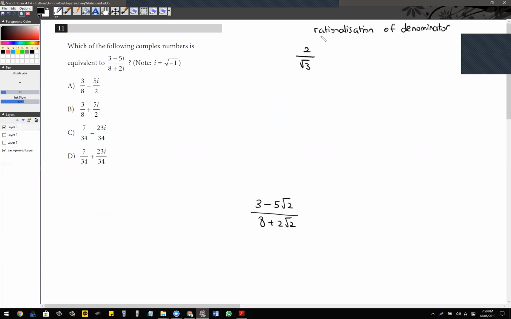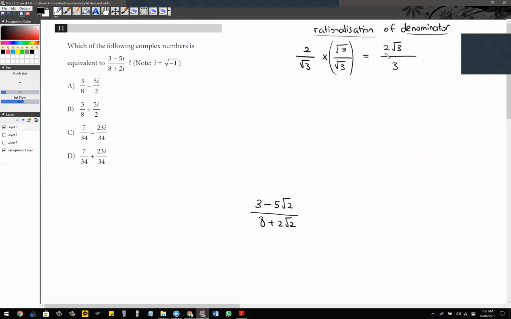So we do what's known as rationalization of the denominator by multiplying the numerator and denominator by root 3, because root 3 over root 3 is the same as 1. So you multiply by 1, which means it stays the same. Root 3 times root 3 is just 3 because it's squared, and the numerator is 2 root 3. Do you understand?